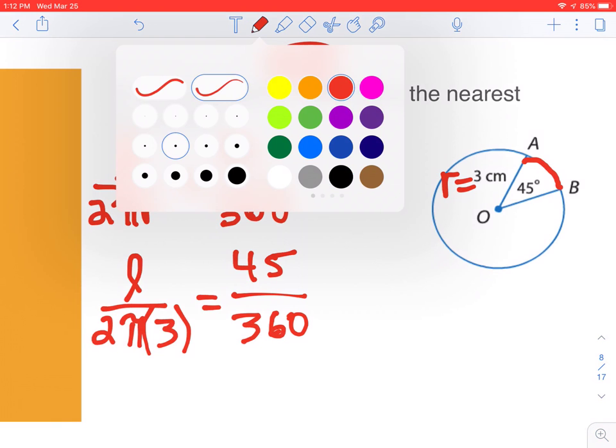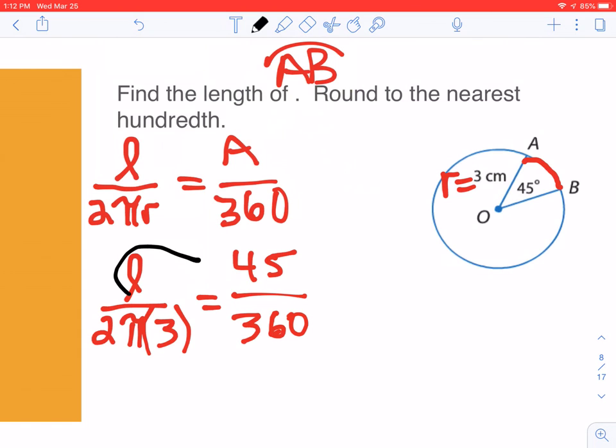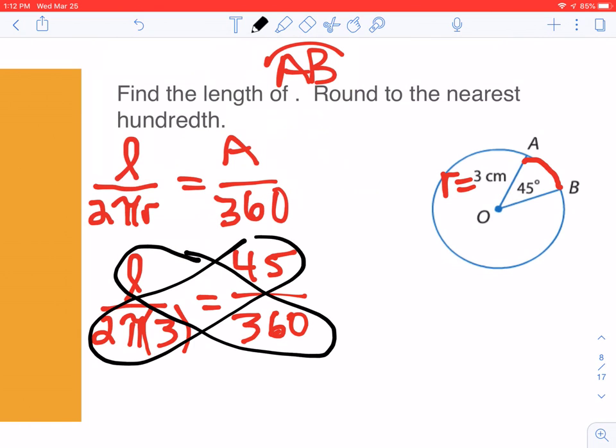Now, I am going to cross multiply like you guys have done all year. I'm going to get 360 times L equals 45 times 2 pi 3.